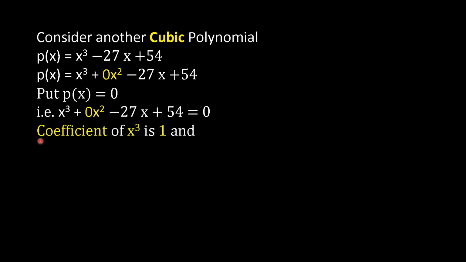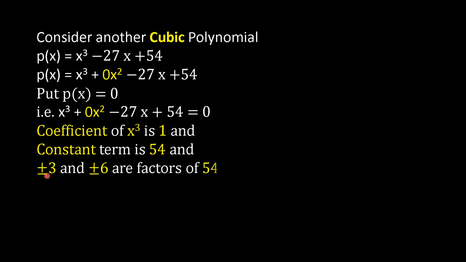Now, the coefficient of x cube is 1 here, and the constant term is 54, and plus minus 3 and plus minus 6 are the factors of 54.